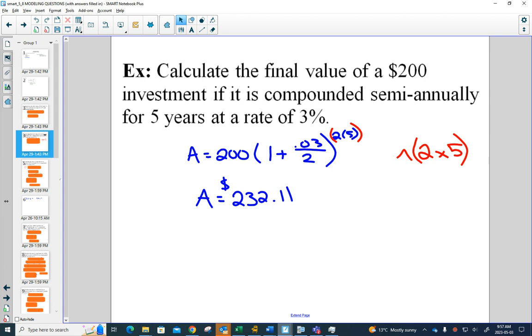So these first two are really easy. Once you plug things in, you just type the whole thing into your calculator and you get the value.